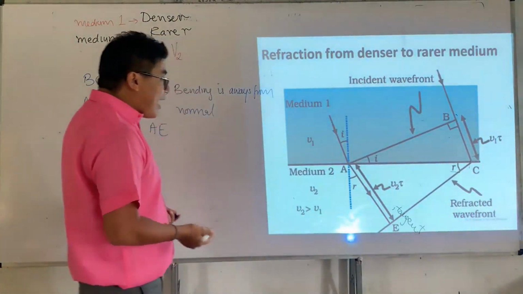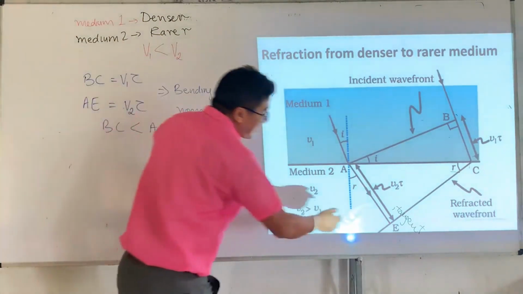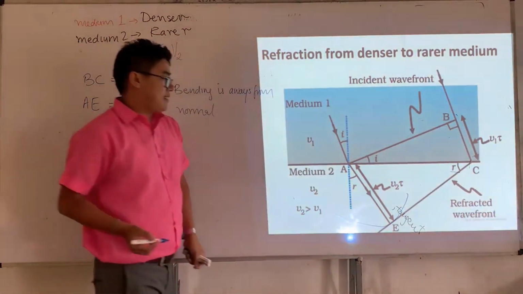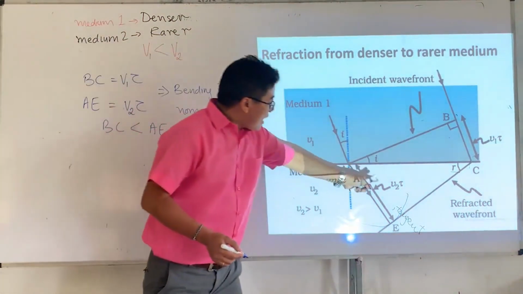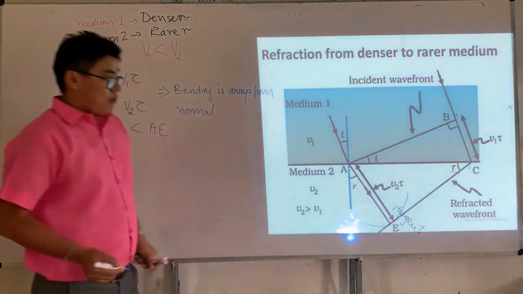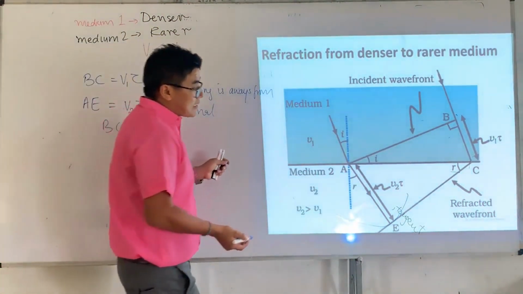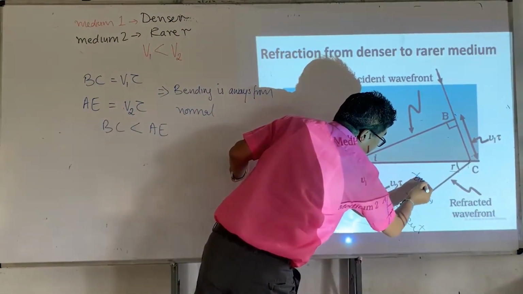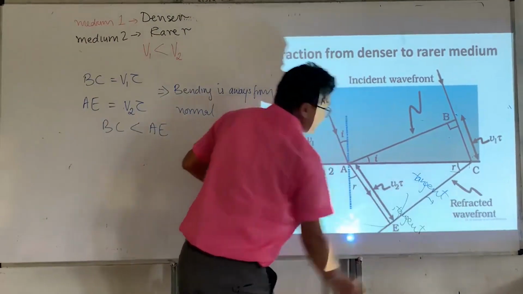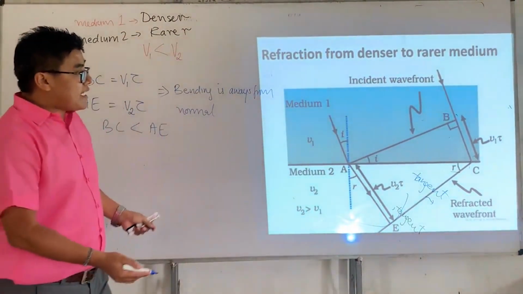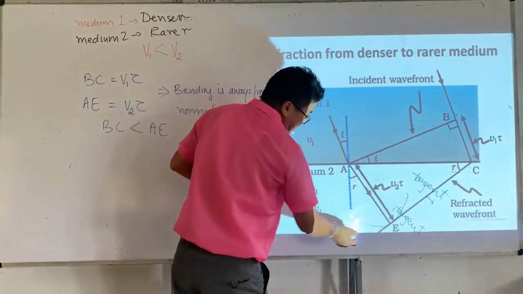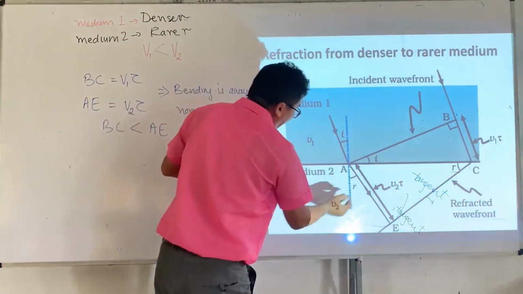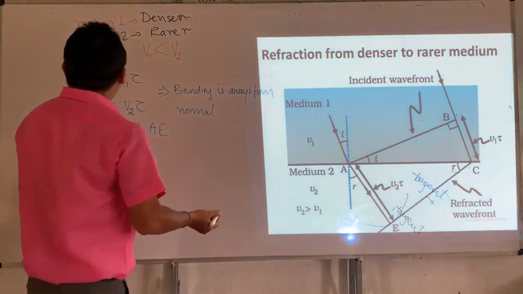Then again I draw a sphere with center A and radius V2 tau. Then I draw a tangent from C to the sphere, and I join this line, AE being the distance.